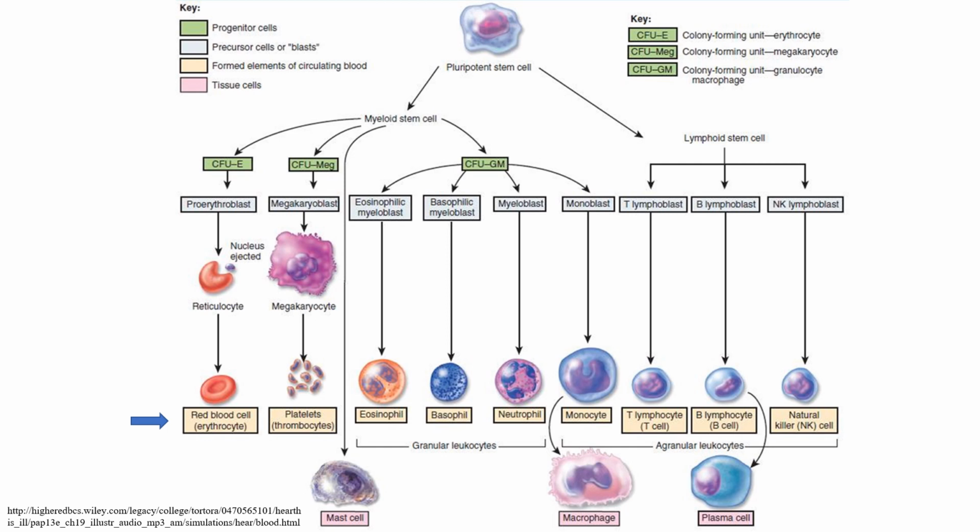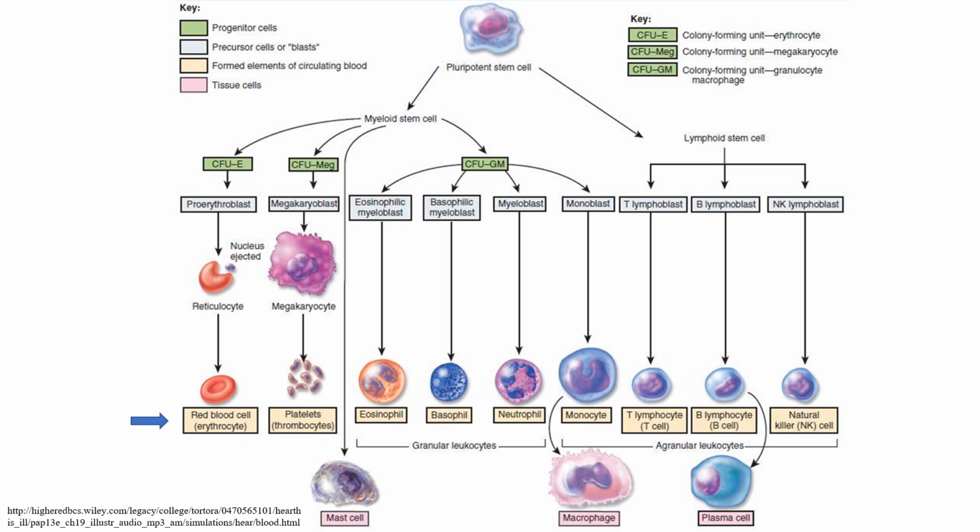But one of the things that myeloid stem cells can become are the hemocytoblasts. And some of the hemocytoblasts will then differentiate to become proerythroblasts. And this is where those phases are going to occur.